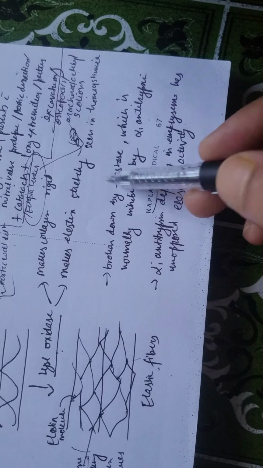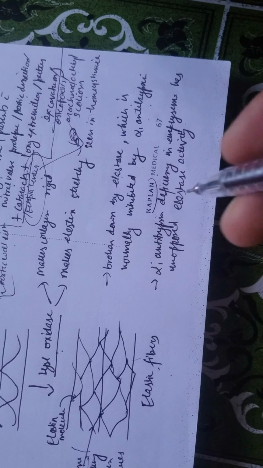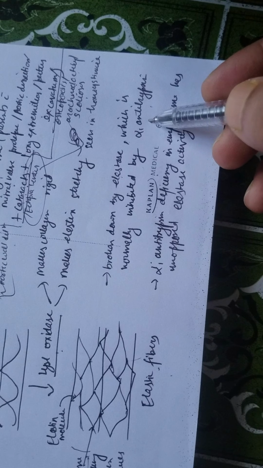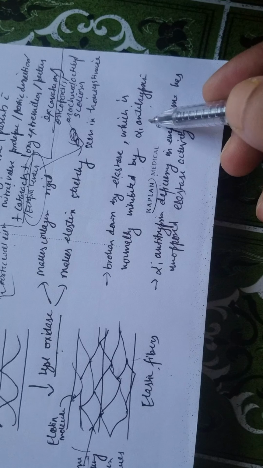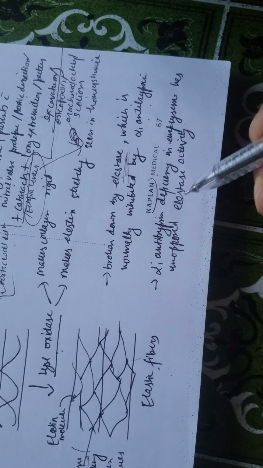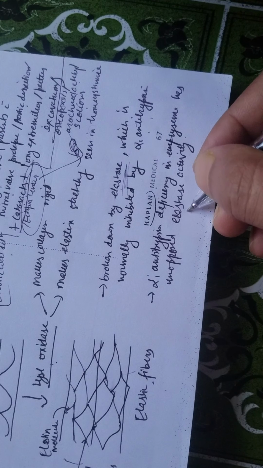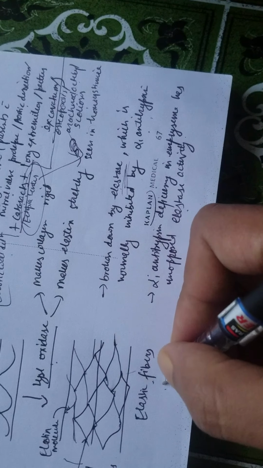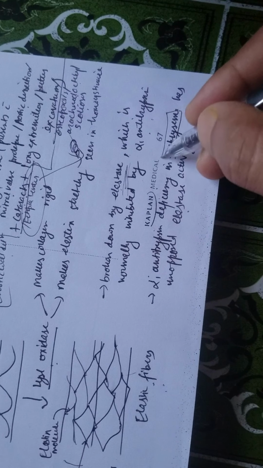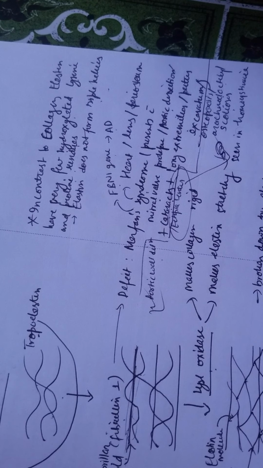But in case of smoking, this alpha-1 antitrypsin is defective, and as a result elastase activity is unchecked. This unopposed elastase activity will result in destruction of the elastic fibers, and often presents as emphysema. This is about collagen and elastin.